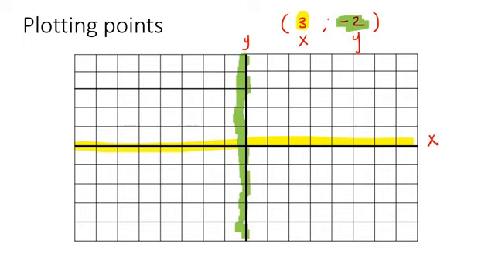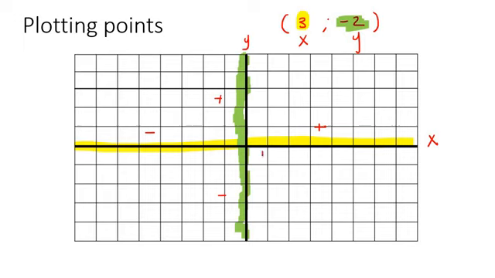Oh, and another thing I need to mention, is when you go to the right-hand side, the x numbers are going to be positive, and when you go to the left-hand side, the x numbers will be negative. When you go up, the y numbers will be positive, and when you go down, the y values will be negative.